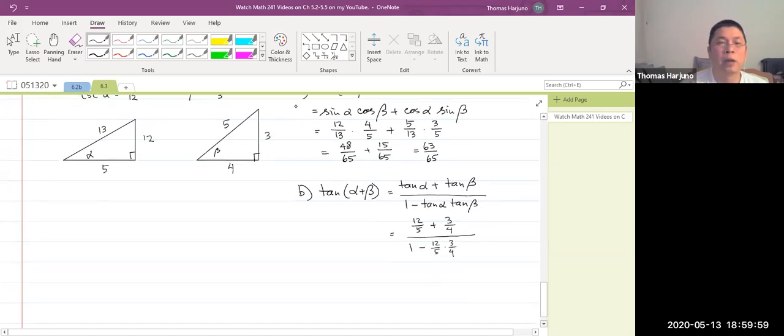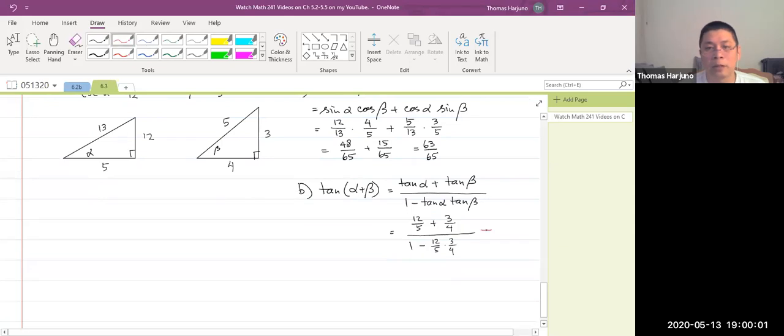Now I will multiply the top and the bottom by the LCD, 20 over 20. Then I will get 48 plus 15 over 20 minus 36. That gives me 63 over negative 16.